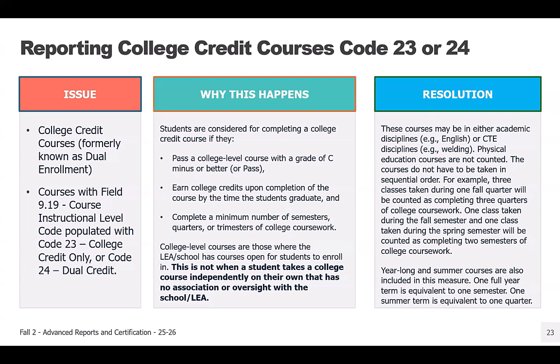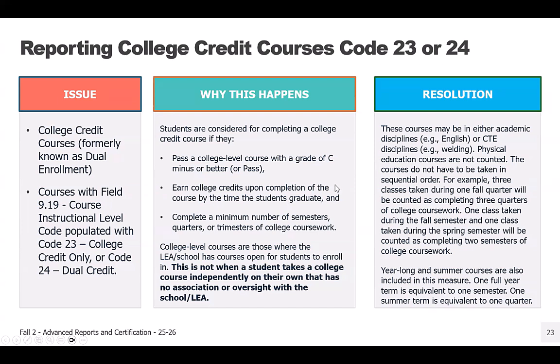They have to earn college credits upon completion of the course by the time they graduate and complete a minimum number of semesters, quarters, or trimesters of college coursework. And another important condition is that the college level courses are those where the LEA or the school has courses open for students to enroll in.